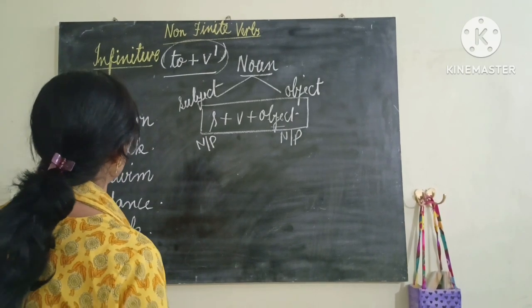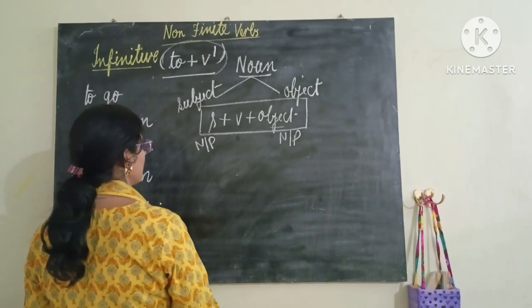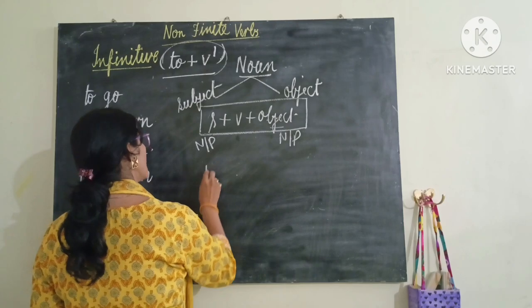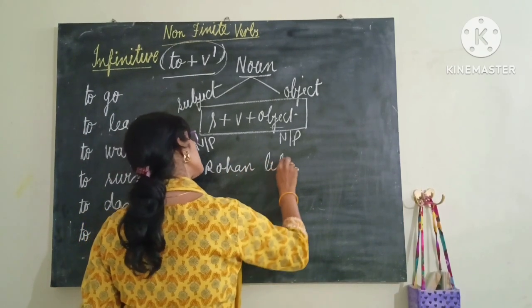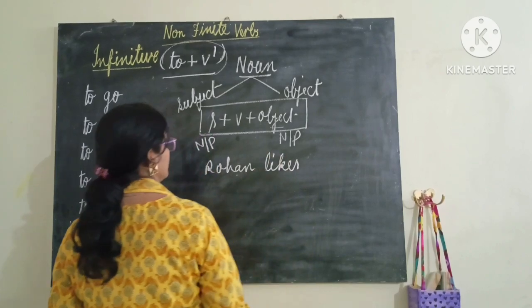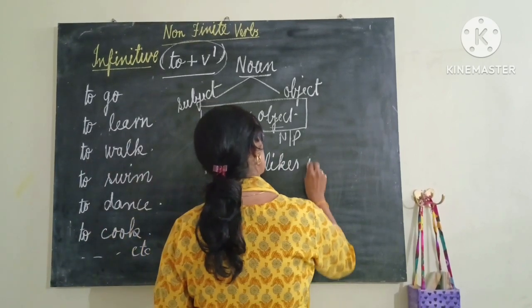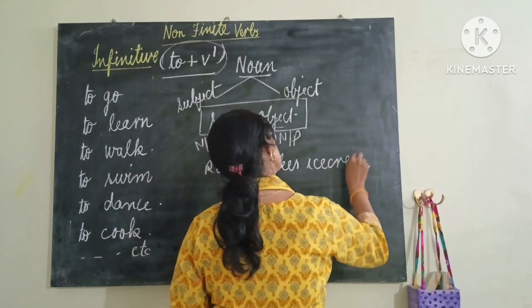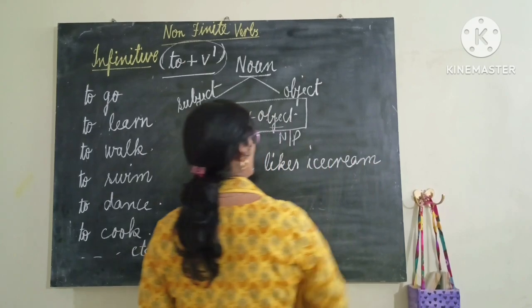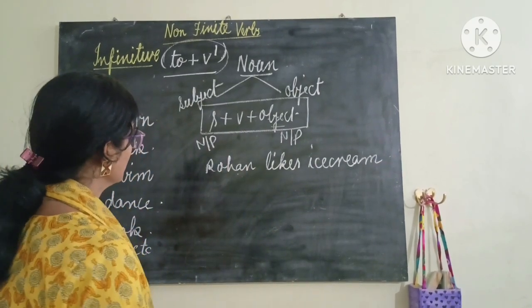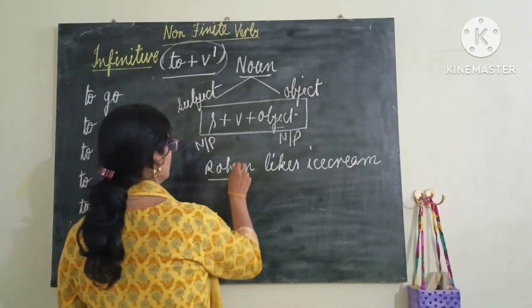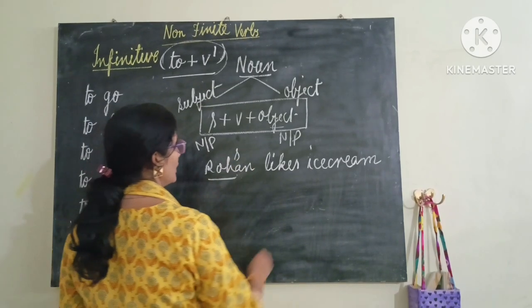Let's take an example. Rohan likes ice cream. What is the subject here? Rohan, this is the subject. What is the verb?